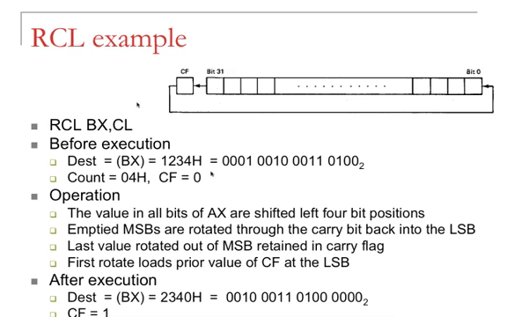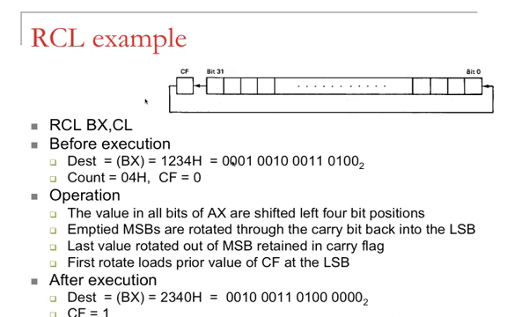If you do this rotation, because we're doing it 4 times, this 0010 is now in the most significant 4 bits. All this 0001 is shifted out of the register BX.